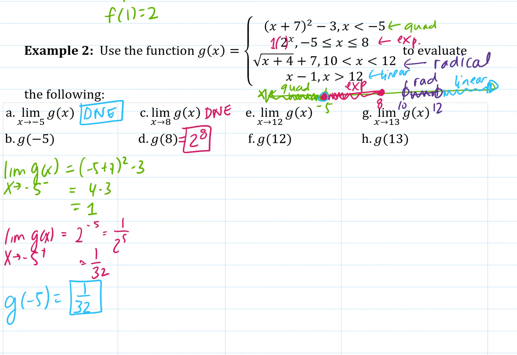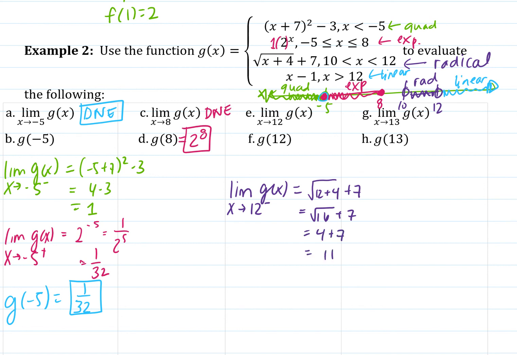What about the two-sided limit where x approaches 12? Well, at 12, we're going to have to check again the left-handed limit by looking at this radical piece. So I've got root of 12 plus 4, plus 7, which is the square root of 16 plus 7, which is 11.